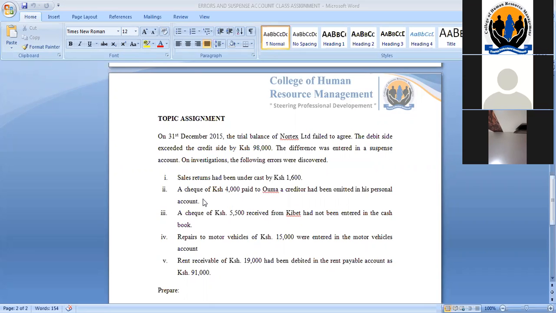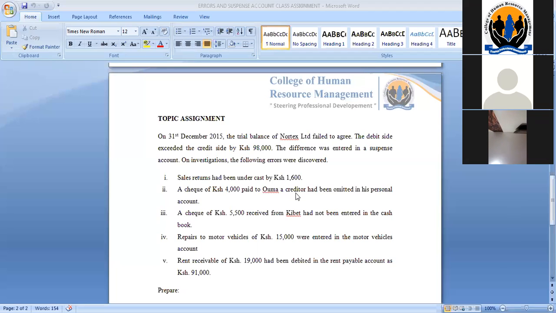Number two, a check of 4,000 paid to Ouma, a creditor, had been omitted in his personal account. Remember, a creditor is a person we are supposed to pay because he supplied goods to our business on credit terms.